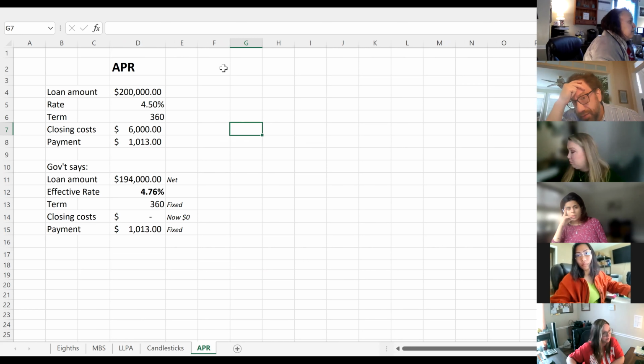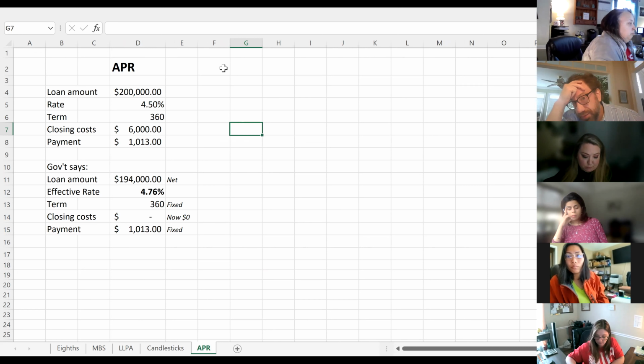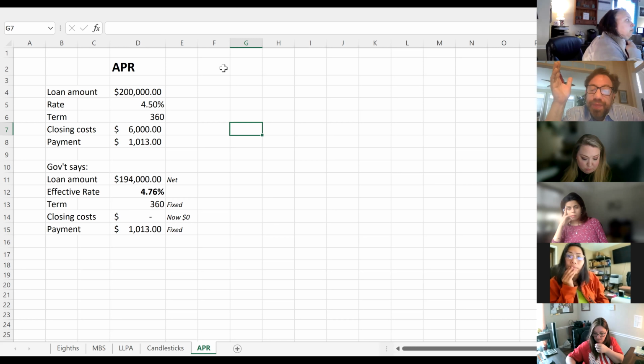How come it's not lower? Okay, so the APR takes into consideration the closing costs on the loan. The government came up with this wonderful formula that doesn't work, but the idea behind it is they have tried to combine everything so that a shopper can shop.